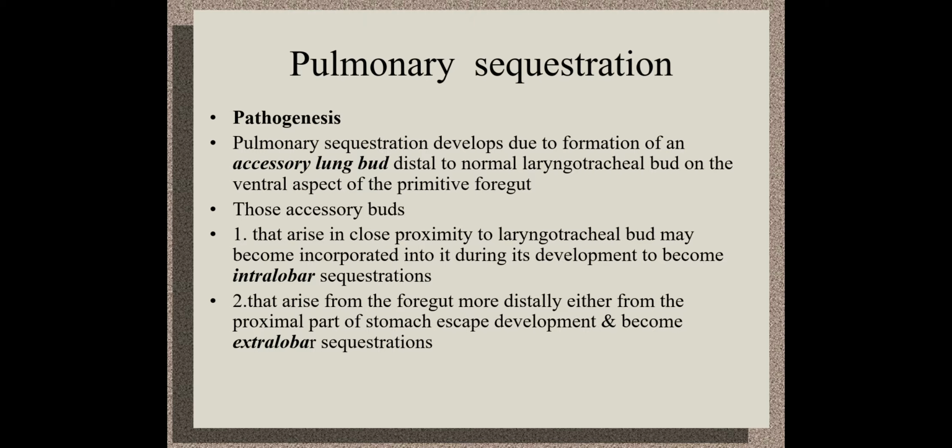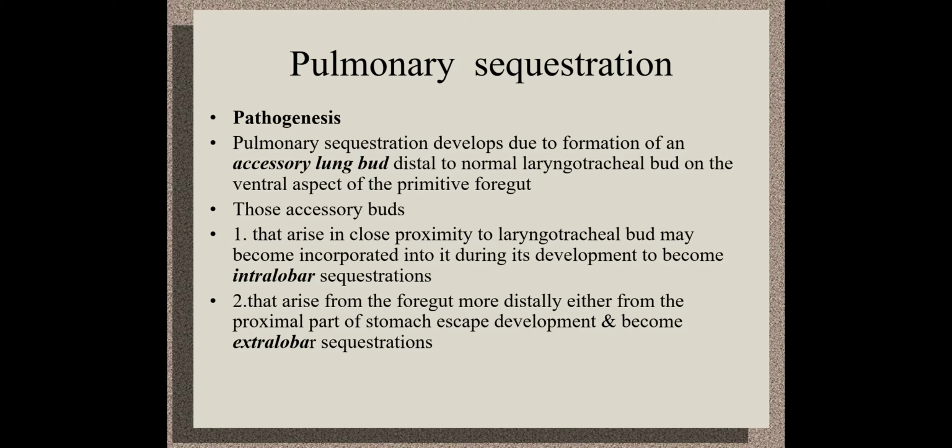Pathogenesis: pulmonary sequestration develops due to formation of an accessory lung bud distal to the normal laryngotracheal bud on the ventral aspect of the primitive foregut. Accordingly, buds that arise in close proximity to the laryngobronchial bud may become incorporated into it during its development to become intralobar sequestration.